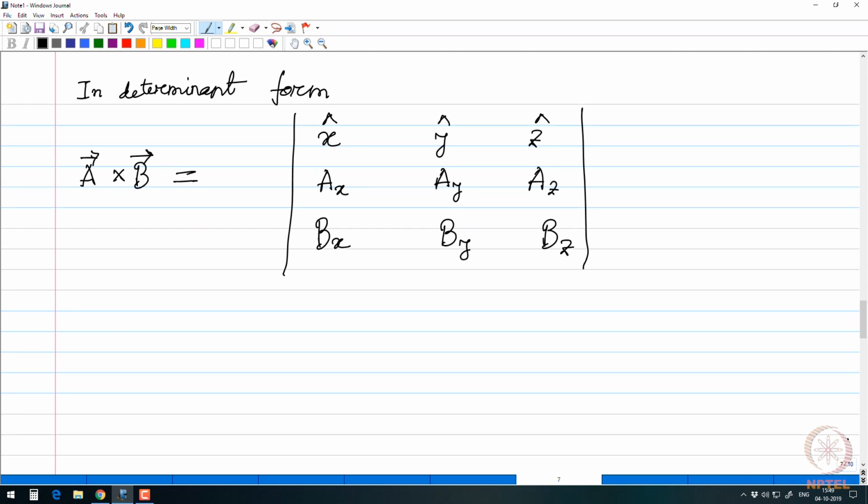Let's see an example. Let's consider a cube of arm length 1 in Cartesian coordinate system. Here is our Cartesian coordinate system. These are the axes x, y and z. So this much is arm length 1. So we have the cube like this.